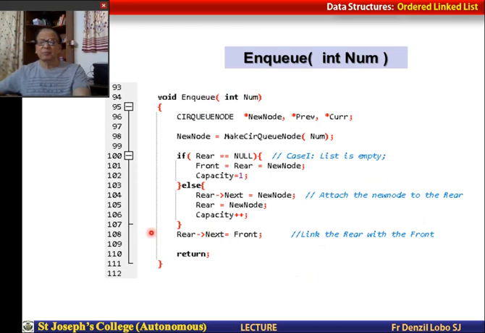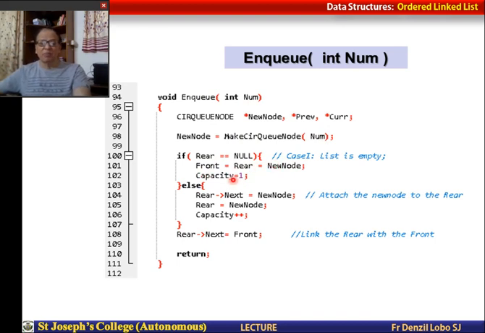This is the function enqueue number. So I've got these local variables. I'm making a new node out of this number. Then I ask this question, if rear is equal to null, you assign new node to front and rear, and make the capacity 1, because now there is one node.